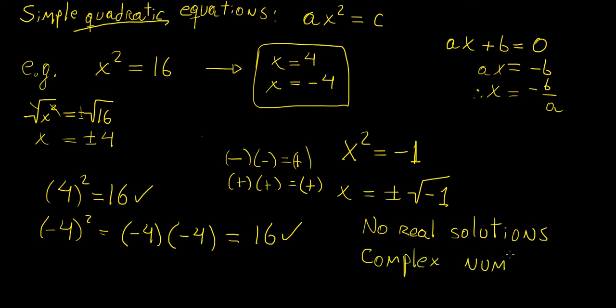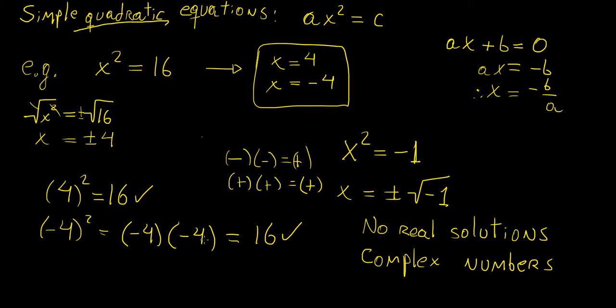Now, you don't really need to worry about that at this stage, because complex numbers is something you're going to learn about if you do extension mathematics in year 12, or if you go to university, and maybe in first year mathematics they teach about complex numbers. But other than that, you don't really need to worry about complex numbers at this stage. You can look it up just to see what it looks like. But at this point we just say that there are no real solutions.